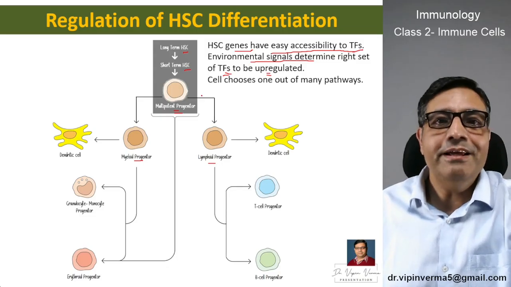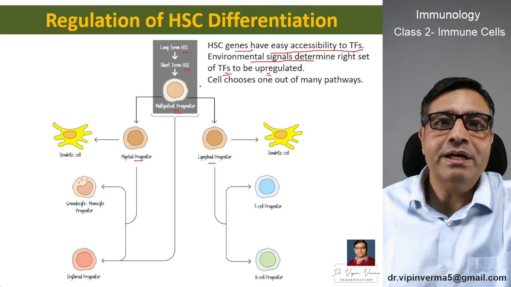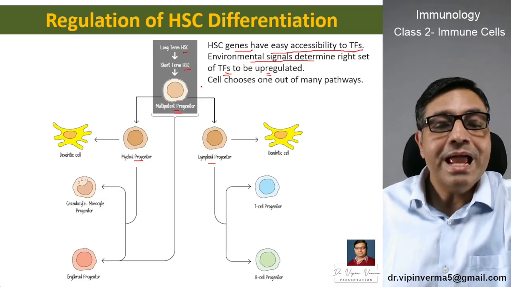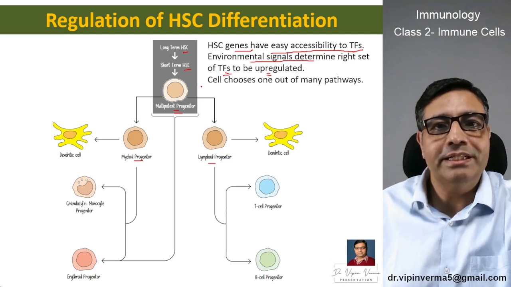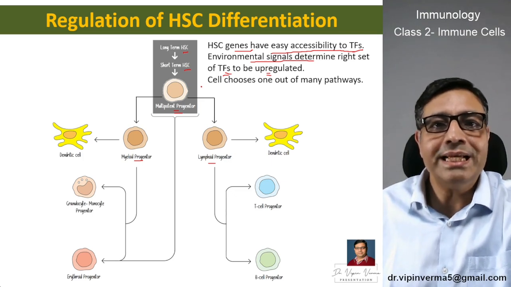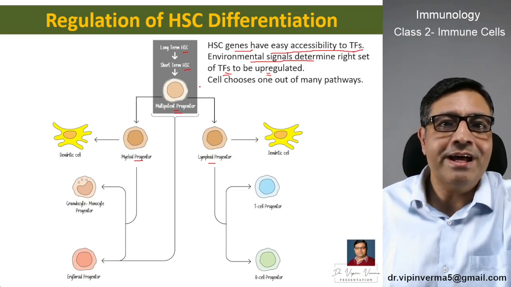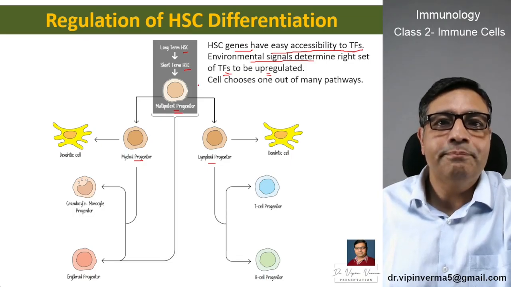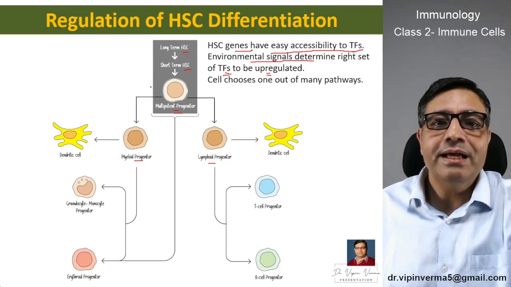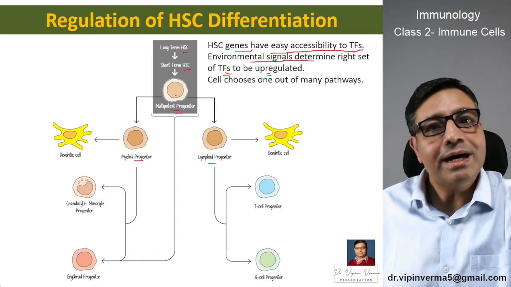For example, in case of anemia, the number of RBCs will go down. And when the number goes down, the cells will demand more RBCs because they have to carry out the function of gaseous exchange, which is the primary function. So the body will start releasing certain factors, some cytokines, which will actually drive the hematopoietic stem cells to form RBCs.